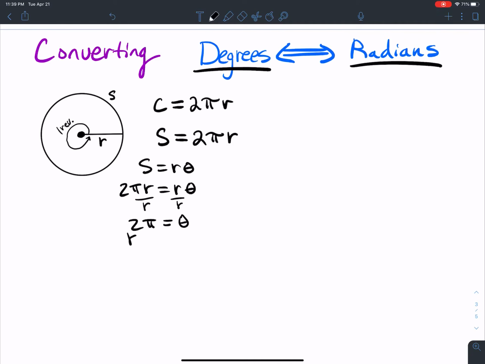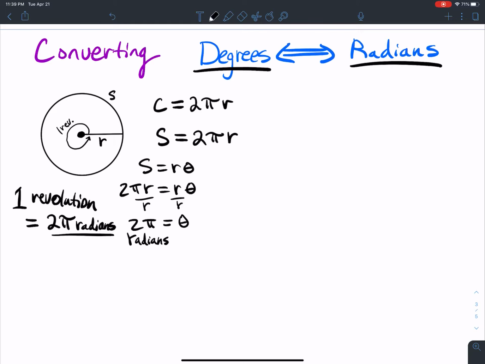There's 2 pi radians in a full revolution. So 1 revolution is equal to 2 pi radians. Pretty cool. Very important there.